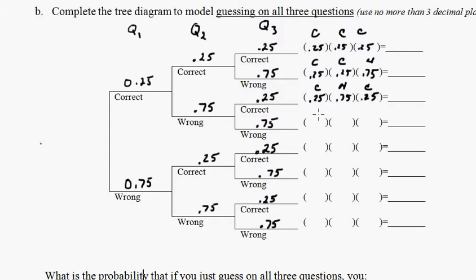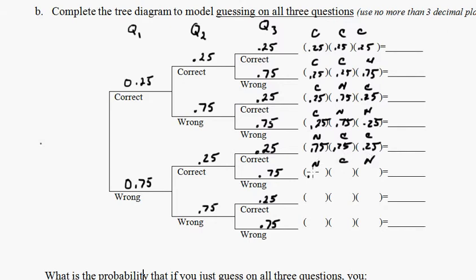And then we have correct, not correct, not correct. So 0.25, 0.75, 0.75. And then finally, not correct, correct, correct. 0.75, 0.25, 0.25. And then not correct, correct, not correct.